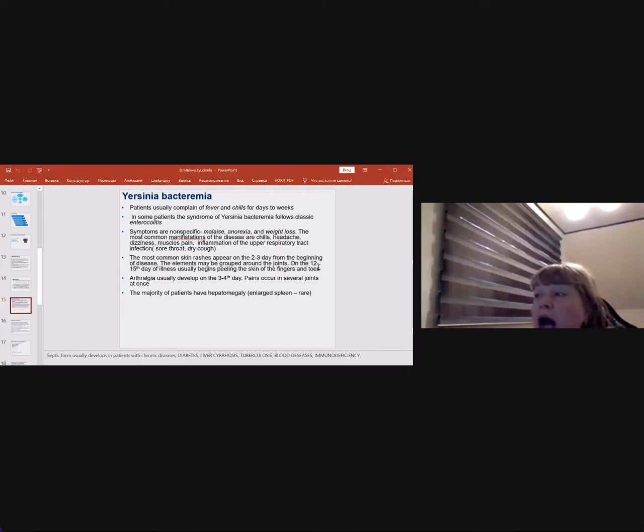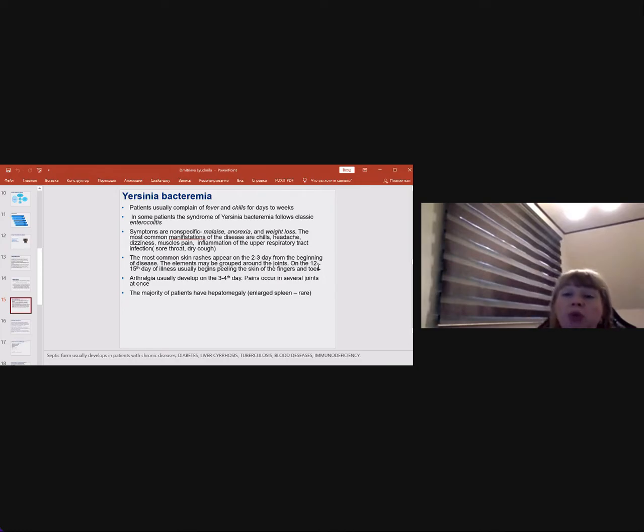Differences. The patient with yersiniosis may have hepatitis and jaundice, yes, and this hepatitis is connected with mesenchymal inflammation in the liver. But in acute viral hepatitis, it is cytolysis, you know about it.